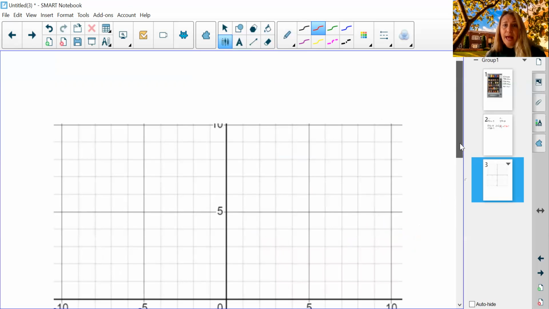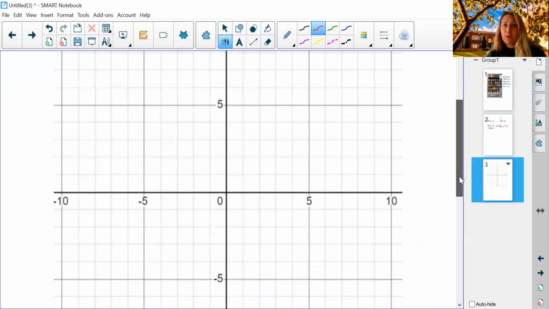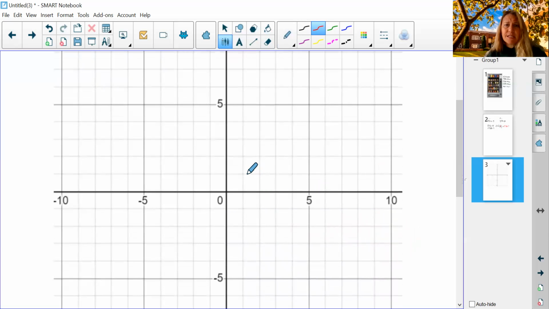All right, so we know that to find inverses, you switch x and y. Let's look at this point here, which would be the point (1, 6). The inverse function would have to take the point (1, 6) and switch x and y, so it becomes the point (6, 1).